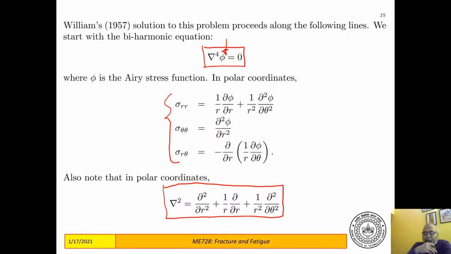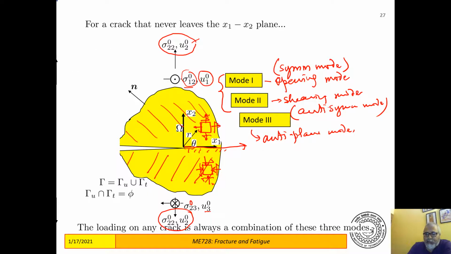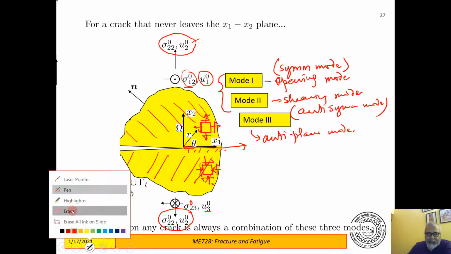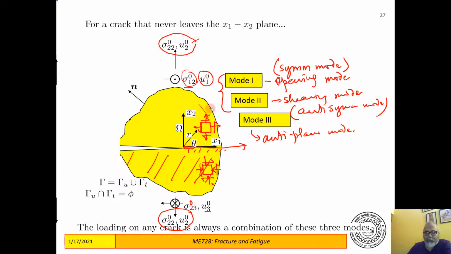Okay, so after recalling these, let's go on to try and guess what kind of phi we should take. Now, if you go back to this problem, you'll see that this is a problem where there are no length scales.